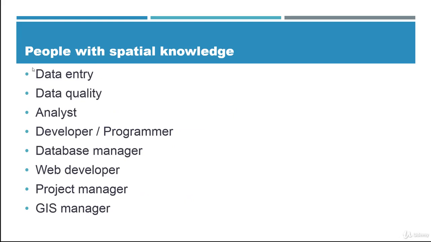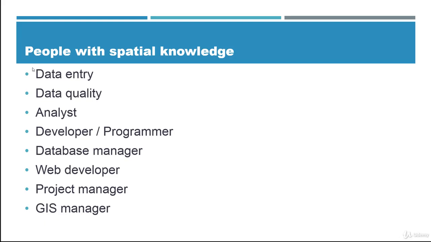GIS also involves people. GIS technology is of limited value without people who manage the system and design plans to solve real-world spatial problems. GIS users range from end users to technical specialists who use GIS in everyday work.